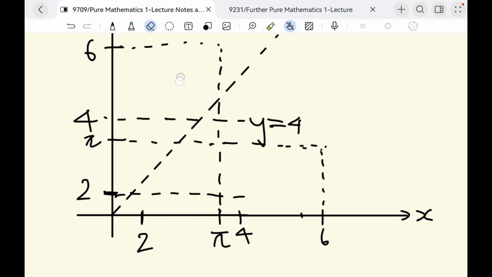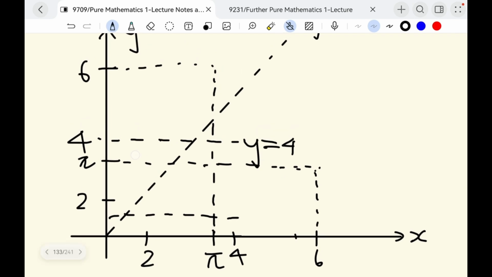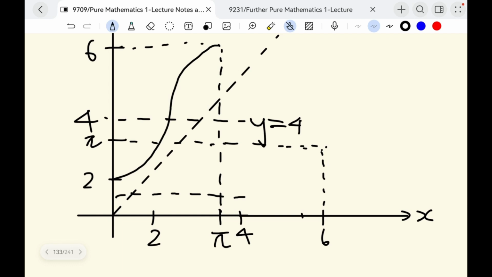I think I need to resketch the graph of f somewhere here. 1.57 for the pi over 2. So I will mark the point over here.